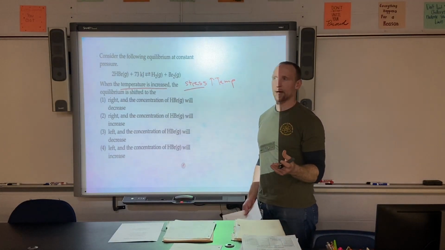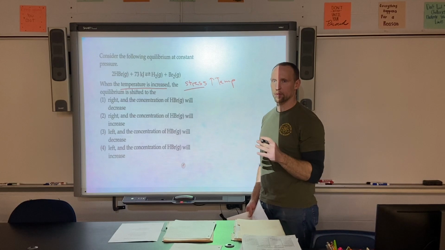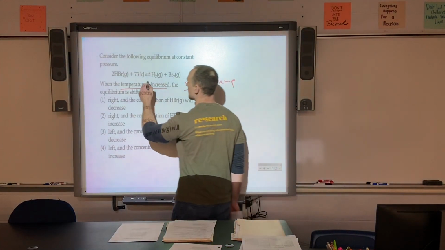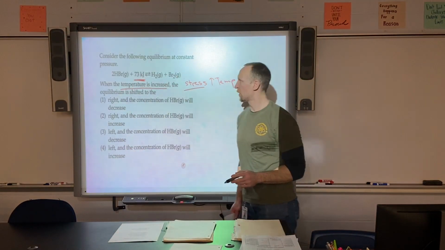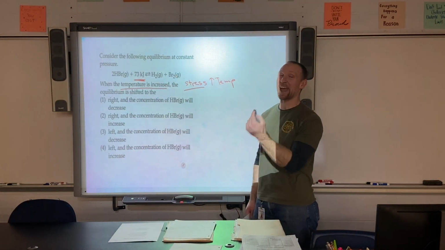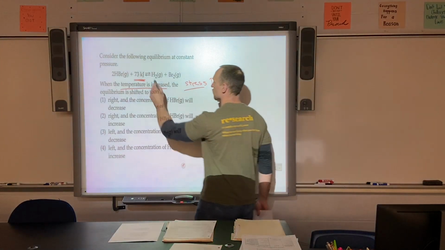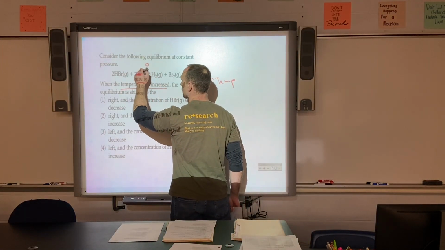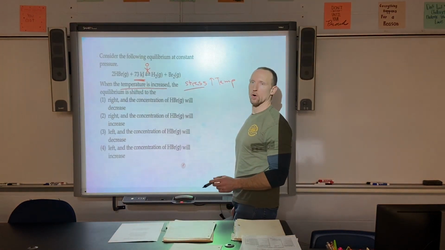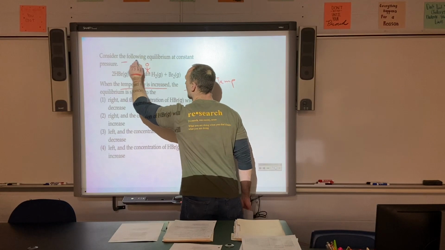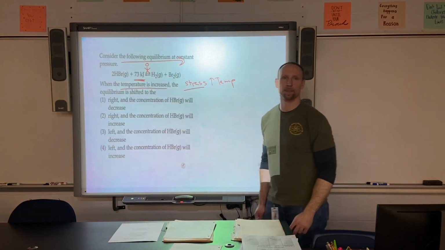So think about it. Think about what we went over. You shift away from what's added towards what's taken away. So here's my heat, my temperature. So if temperature is added, I want to shift away from what's added. So remember, the reference point is the arrow. So heat is added, I want to shift away. So away would be to the right.